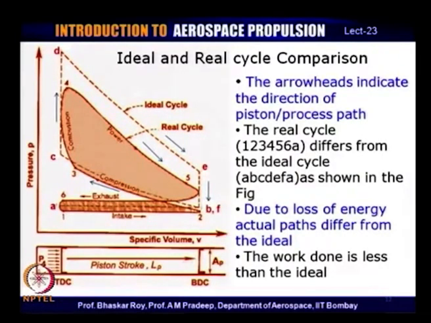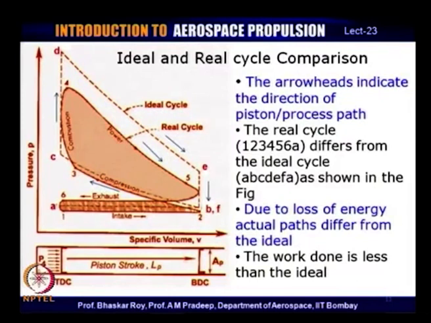This is due to the fact that the work which is being done during the expansion and compression processes quite often is not isentropic. You remember, we had assumed that the processes are isentropic, and as we shall see as we move along, these processes cannot be isentropic. Quite often they can indeed be adiabatic, pretty closely adiabatic, but they are unlikely to be reversible processes.